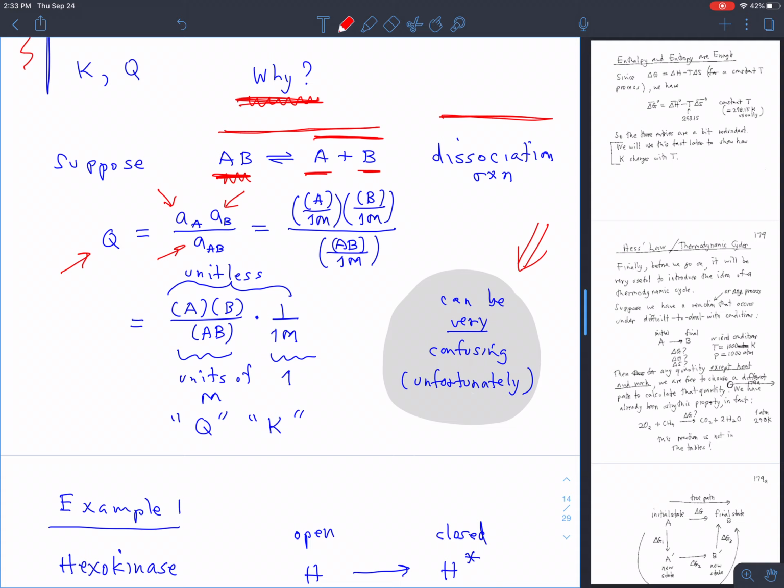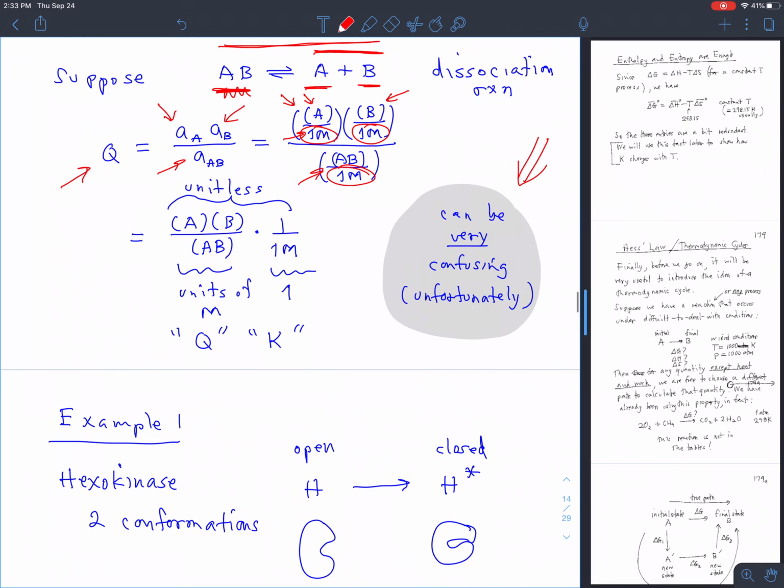And now if I say that the activity for protein A is the concentration of A divided by the standard state concentration of 1 molar, and I do the same thing for B, and the same thing for the complex AB, and then I boil this down, I factor out all these 1 molar factors, I get that the reaction quotient is equal to the molar concentration of A times the molar concentration of B divided by the molar concentration of AB. In other words, it's the freshman chemistry expression that you'd expect.